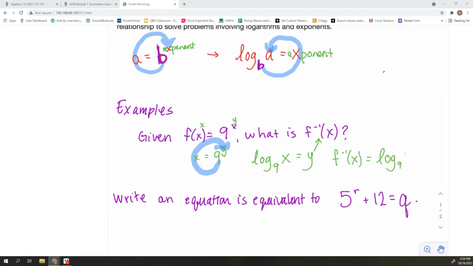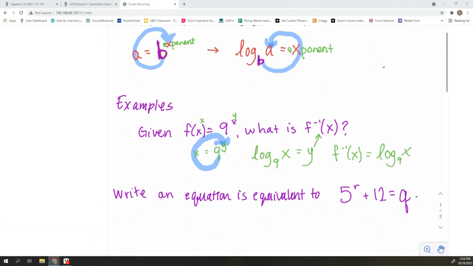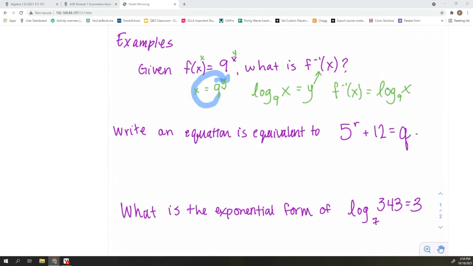That's it. Write an equation that is equivalent to the one we have right there: 5 to the r plus 12 equals q. So first thing we want to do is get the stuff that has the power alone. In other words, I don't want that 12 there. So I'm going to subtract 12 from both sides. So we'll have 5 to the r is equal to q minus 12.